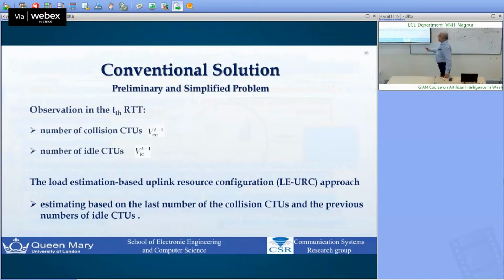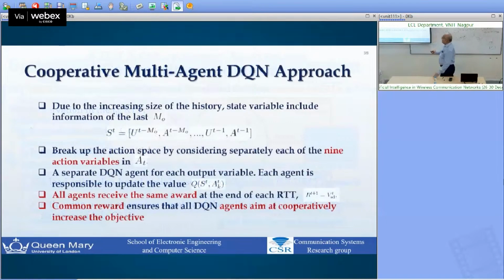That way the parameters are optimized in the conventional approach. But here we are going to observe the past, so this is the state: at a particular time interval t, t minus 1, up to the last m time slots. What actions were taken? What were the observations? This is the observation and action.